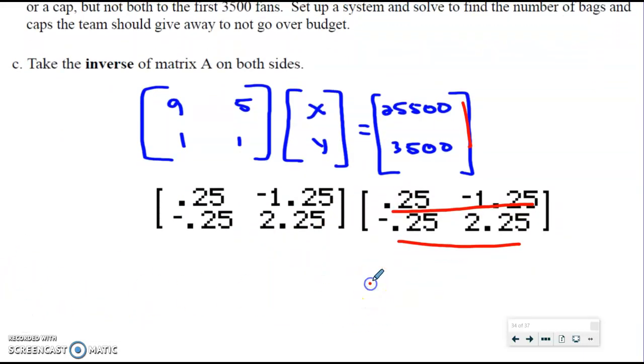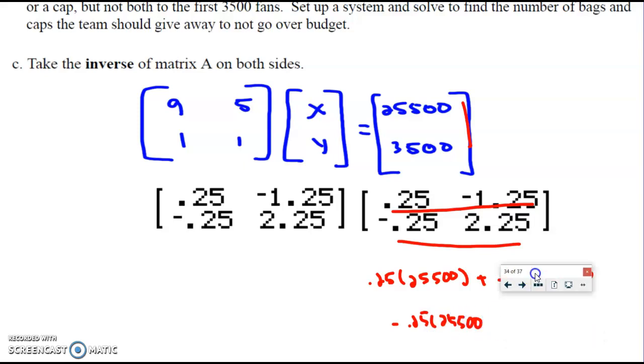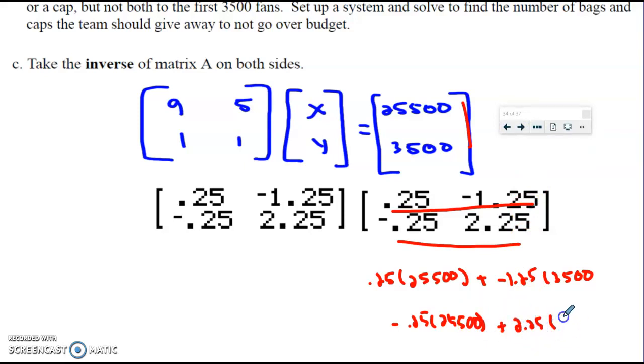So I'm going to take 0.25 times 25,500, and then negative 1.25 times 3,500, and add those two together. Then I'm going to take negative 0.25 times 25,500 plus 2.25 times 3,500.